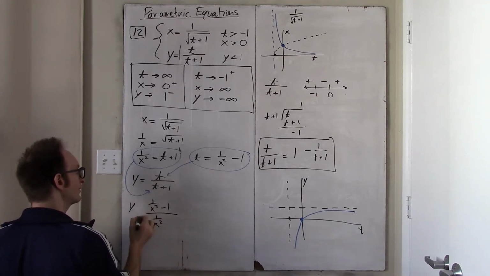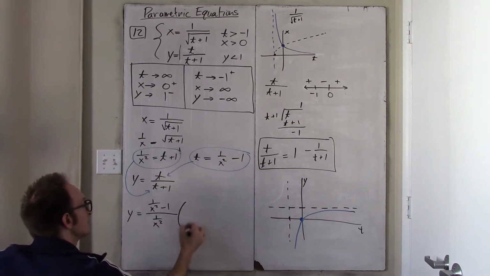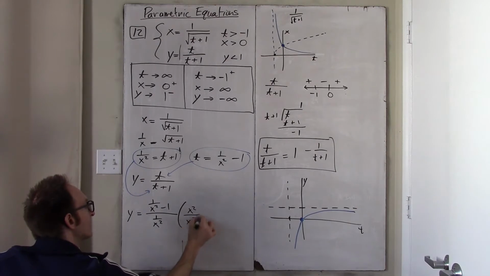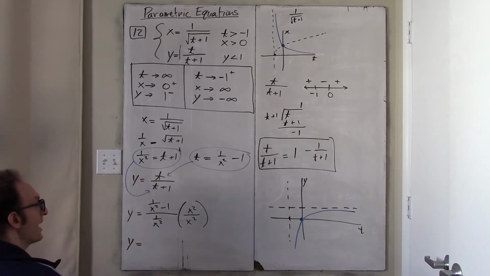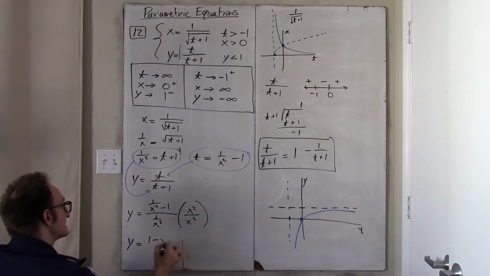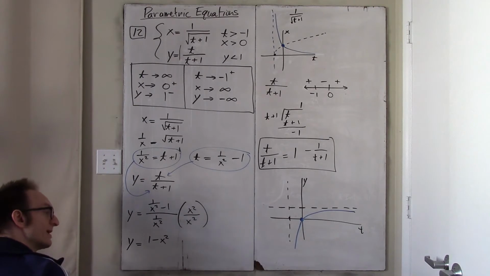And remember, the whole goal of eliminating the parameter is to rewrite it into some form that I recognize. So I personally don't recognize this. So let me just multiply by x squared over x squared, and hopefully that will clear things up. What do I get? I get y equals 1 minus x squared. That's it, just 1 minus x squared.